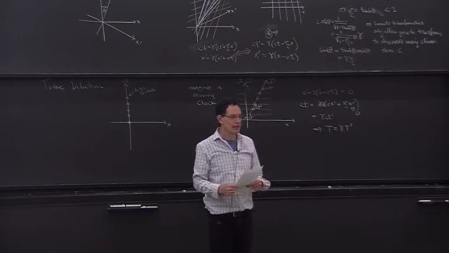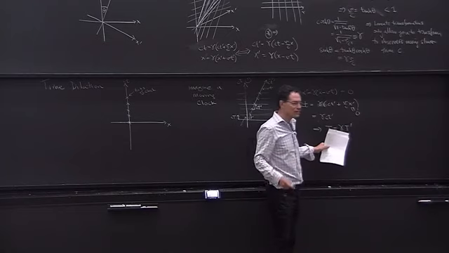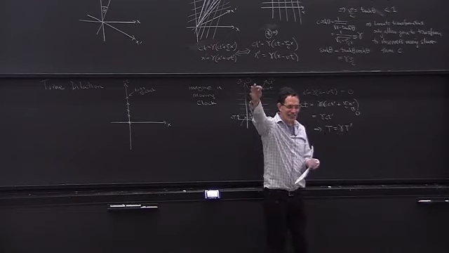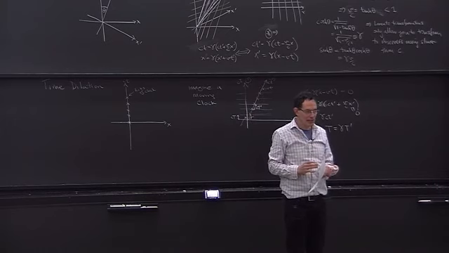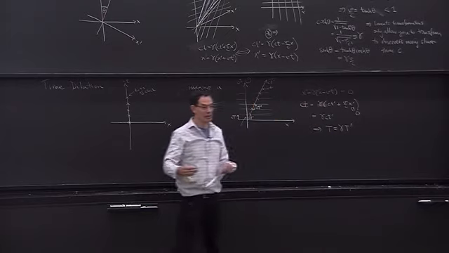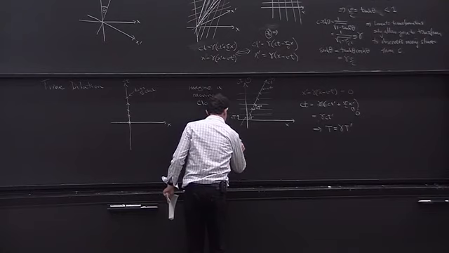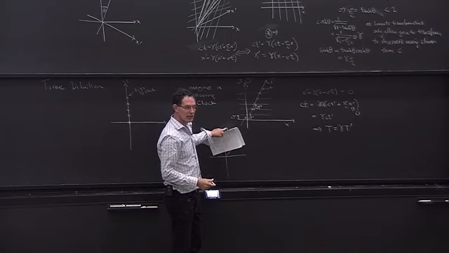So the way to remember this is it's always very good to travel. You stay young. Somebody traveling experiences a certain amount of time. Somebody standing still experiences a longer time. So if they go away and they come back, they will be much younger than me.